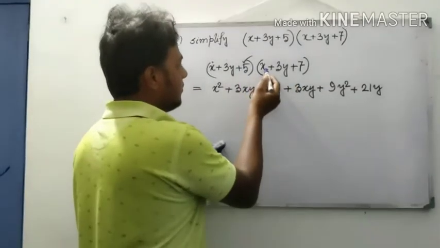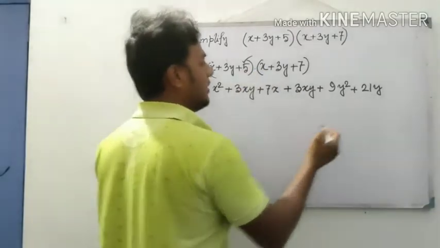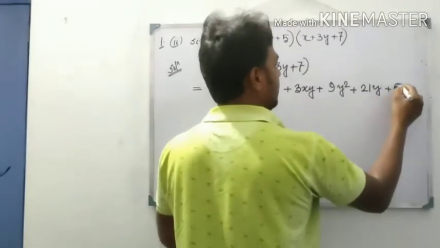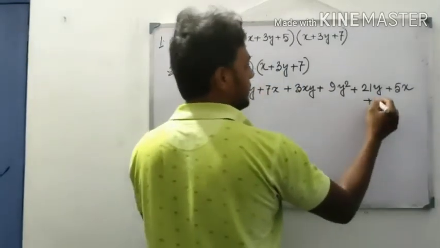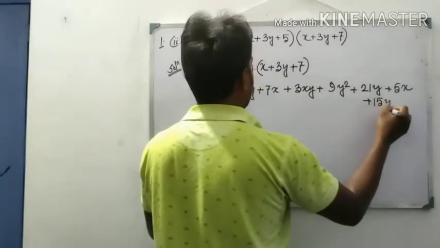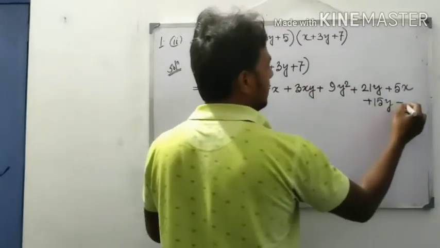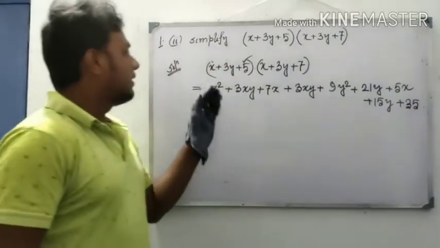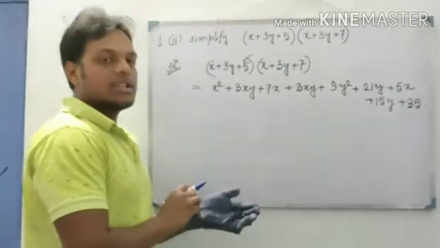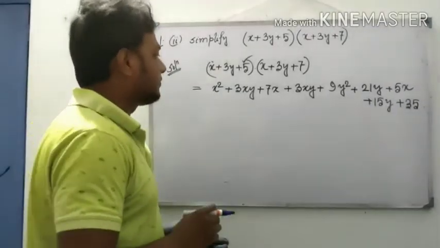So 5 into the first term is 5x, plus 5 into 3y, that means 15y, and 5 into 7, 35. This completes the expansion. This is the expanded form.